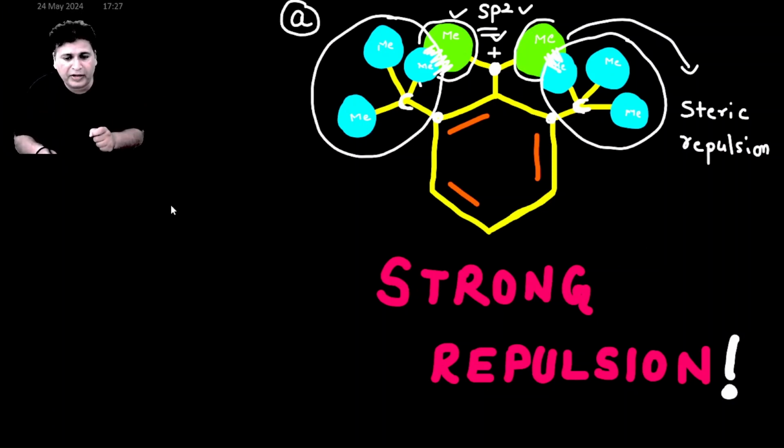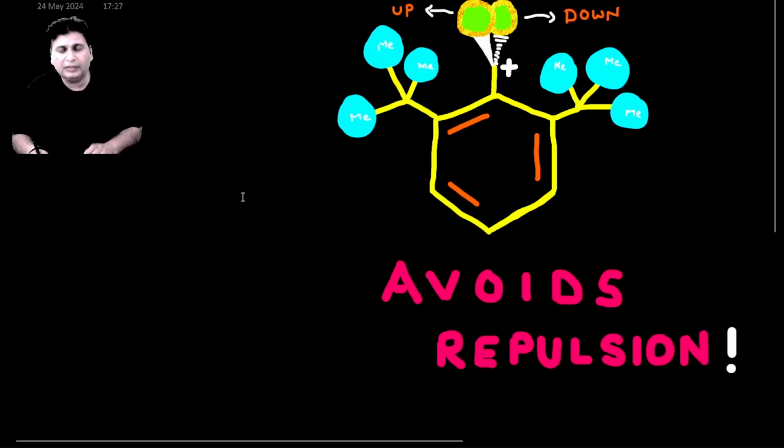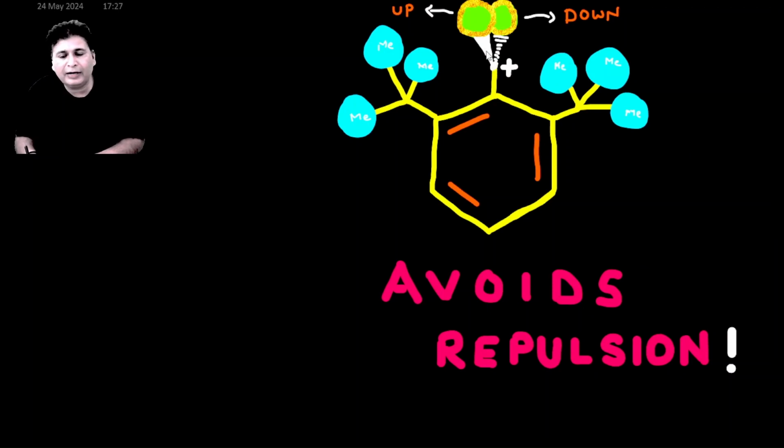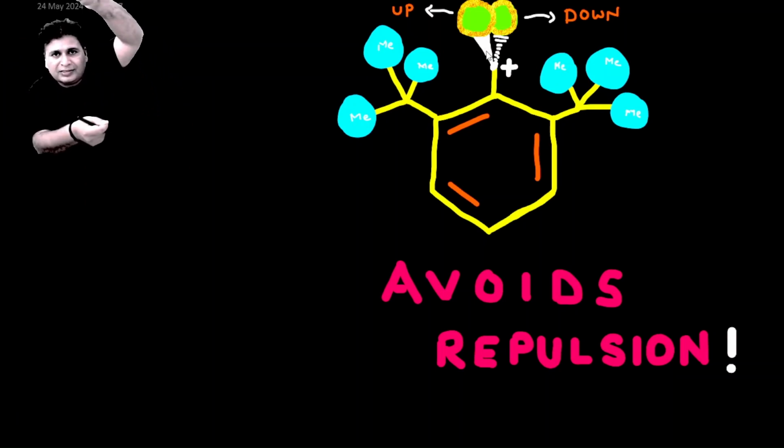And I have drawn a figure, as you all can see. This figure I am talking about. So what this carbocation wisely has done, instead of being coplanar with the benzene, it tilted like this.